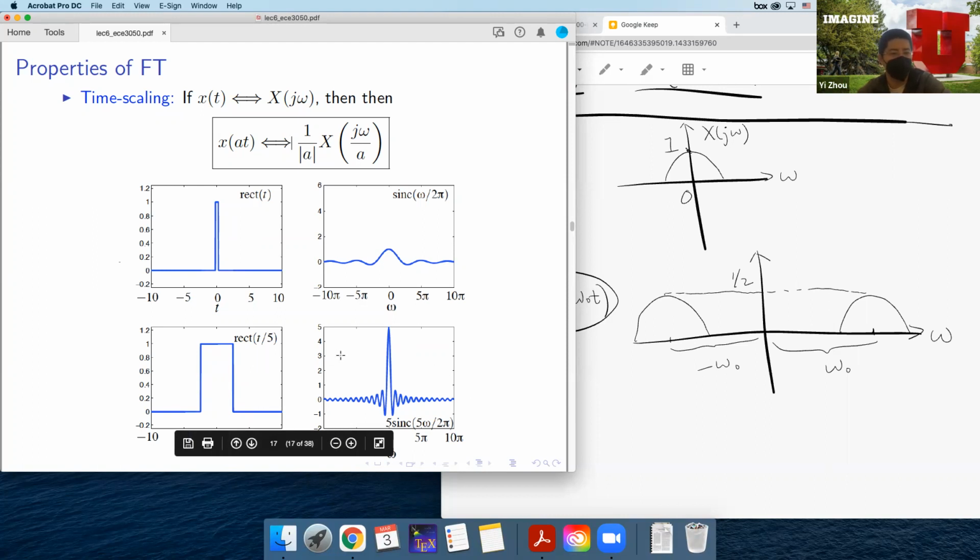You can see that the corresponding spectrum is still the sinc function, but now in the frequency domain, following this formula, because A is less than 1, first of all, the amplitude of the spectrum is amplified. So now the spectrum is much higher. And moreover, the scale of the frequency is also squeezed because A is less than 1. So you end up with such a spectrum that is squeezed and amplified.